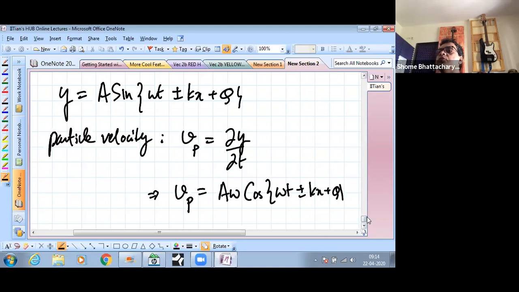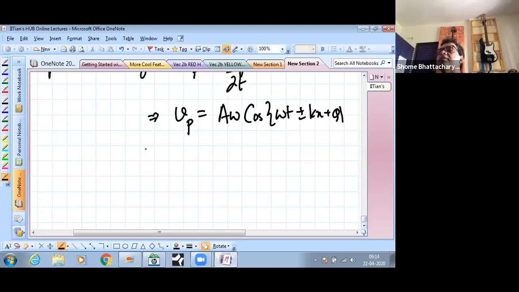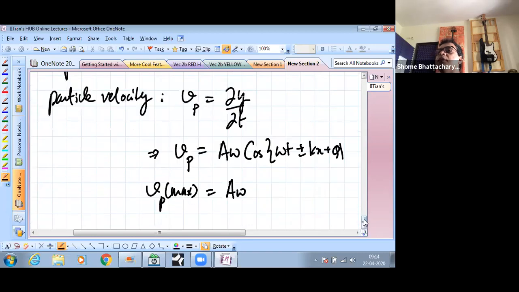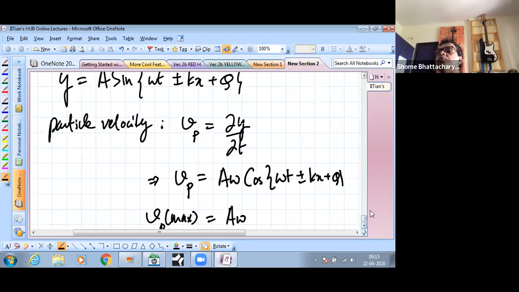And from this, you can see one important thing, that the maximum value of particle velocity is A omega. So the amplitude multiplied by the angular frequency determines the fastest speed during the particle's oscillation. The particle speed always varies between 0 and A omega as it is going up and down in SHM.